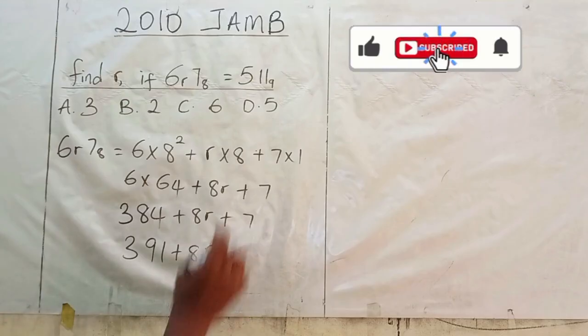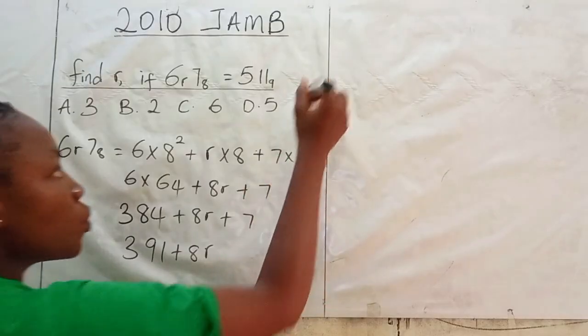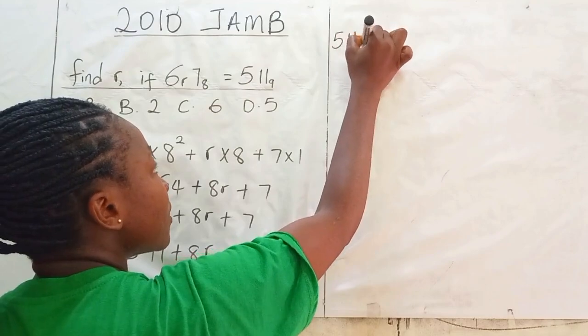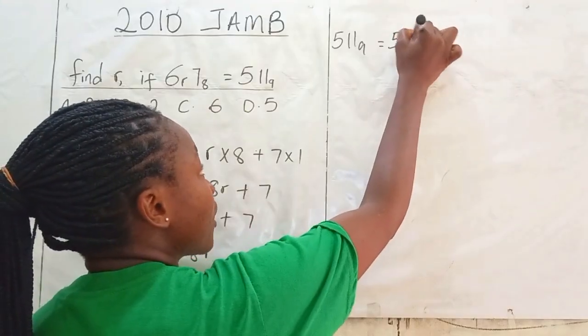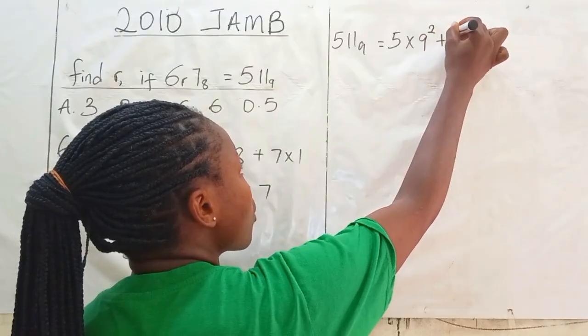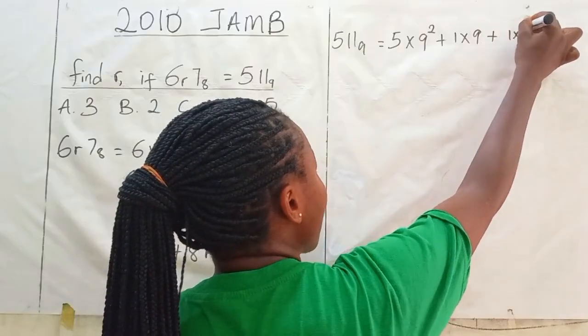All right, so let's convert this one also to base 10. We will have 511 in base 9 to base 10: 5 times 9 raised to power 2 plus 1 times 9 plus 1 times 1.